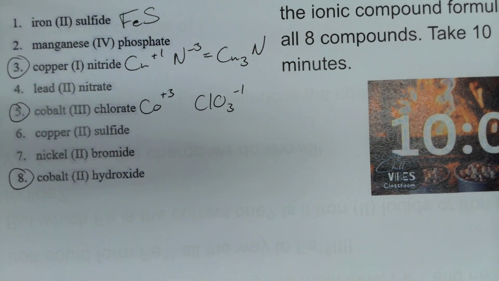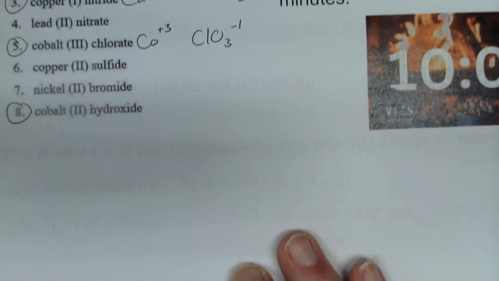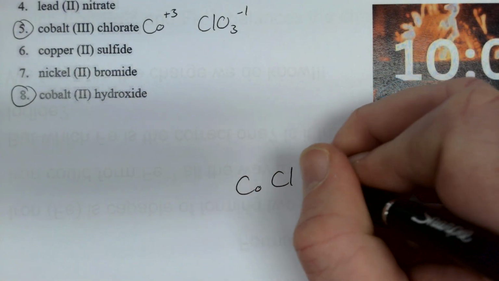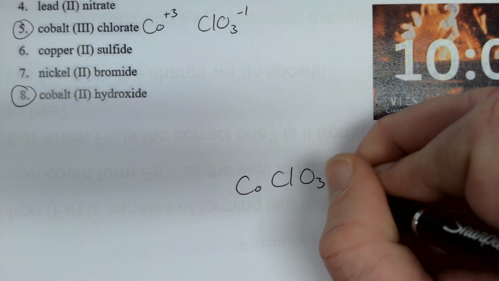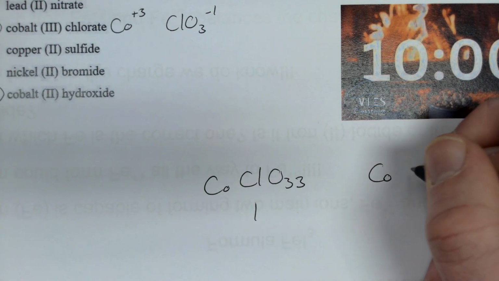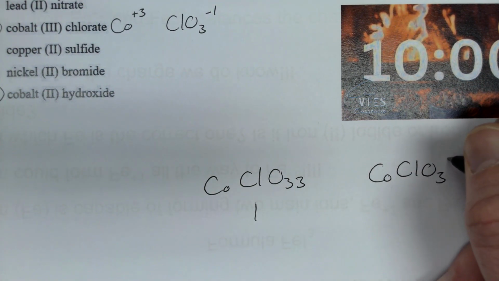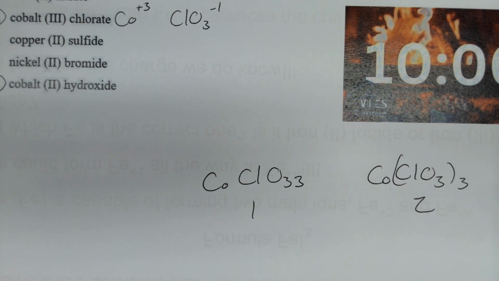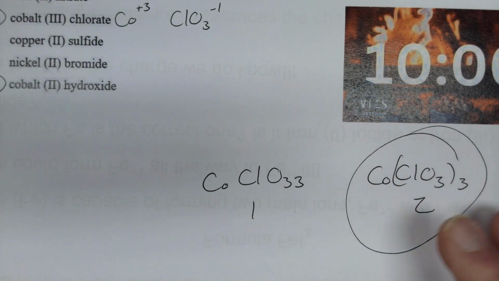So my question to you, cobalt chlorate, is that going to be written as CoClO3, option number 1, or Co(ClO3)3, option 2? What's the correct answer? 2 is the correct answer.